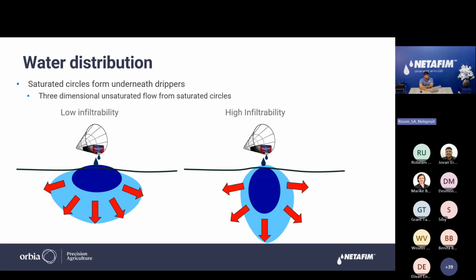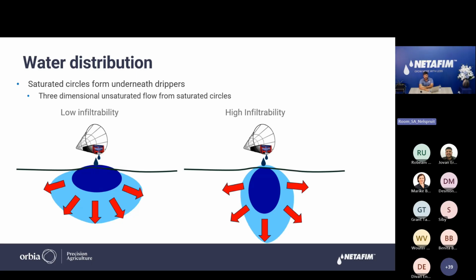I spoke a bit about these saturated circles that form underneath the dripper. You must also remember that I'm showing you everything in 2 dimensions, but what actually happens in your soil is 3-dimensional water movement from these saturated circles.